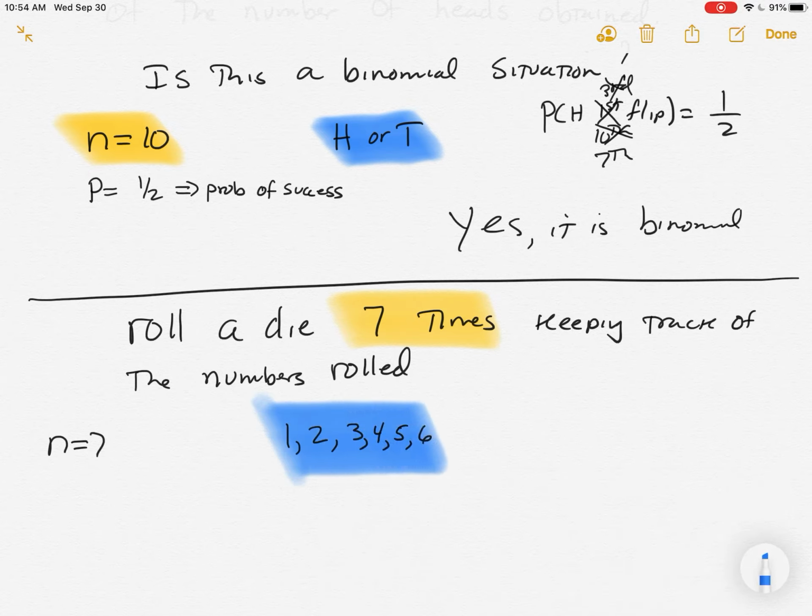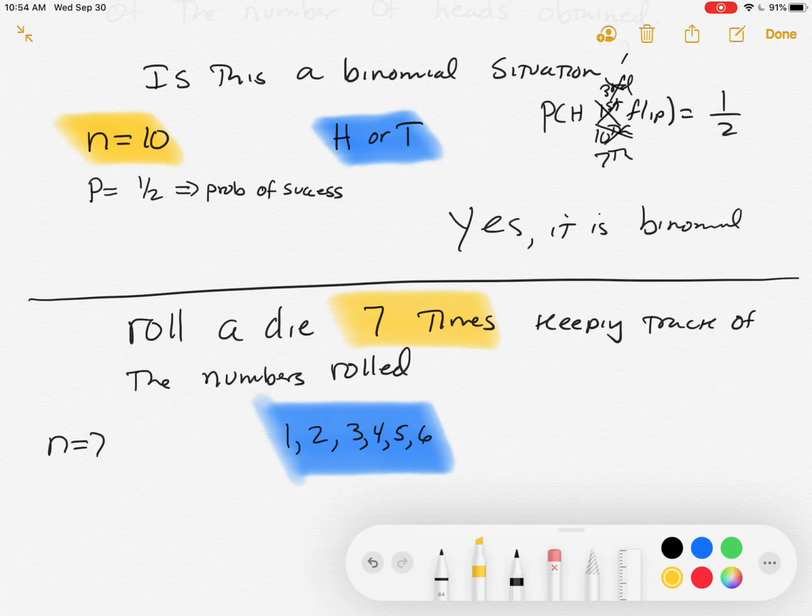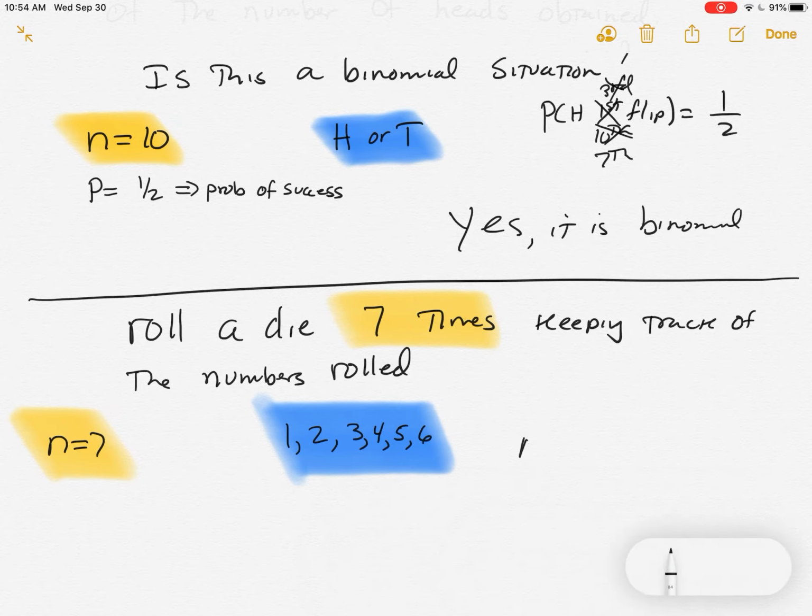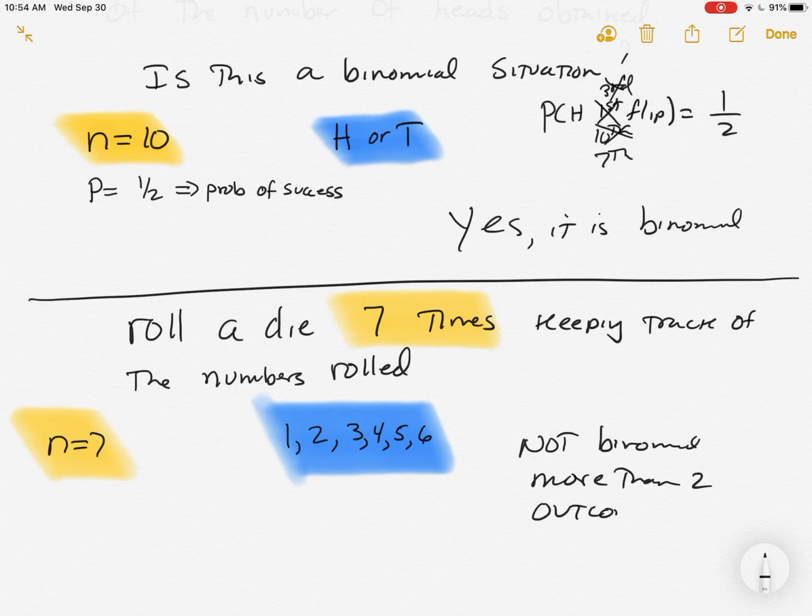We have a problem for that blue question: we have more than 2 outcomes on a trial. This is not binomial.